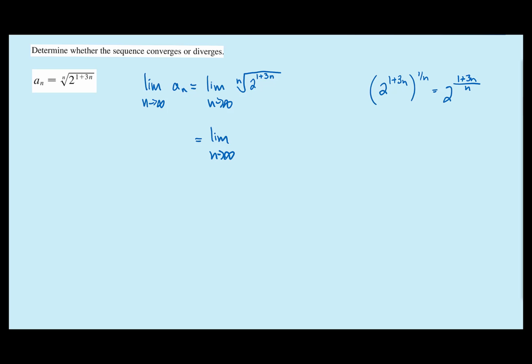Now here's a little rational expression that we can deal with. Again, we want to get rid of the highest power of n in the denominator. So we multiply the top and the bottom by n. Now the exponent's a bit cleaner. It's just 2 to the 1 over n plus 3. 1 over n goes to 0 as n goes to infinity. So our answer is 2 to the 3. Limit exists and the sequence converges.